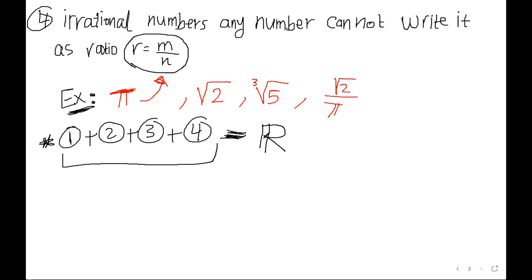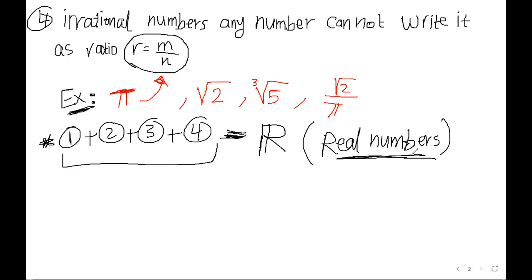I denote it by R. Natural numbers, rational numbers, integers, irrational numbers, all of them make up the real numbers. So real numbers are irrational and rational and everything.